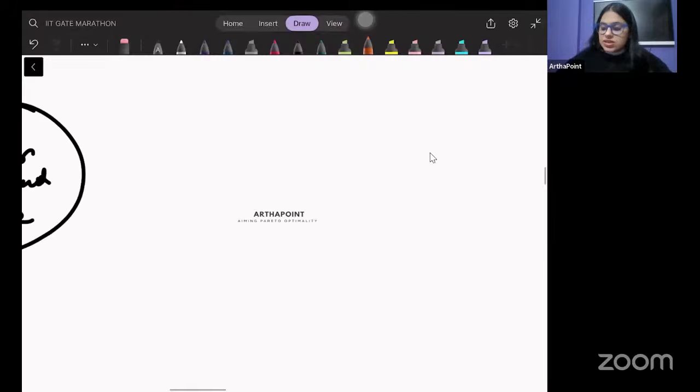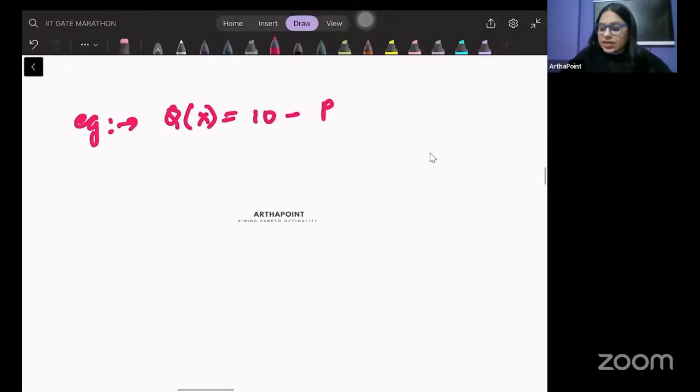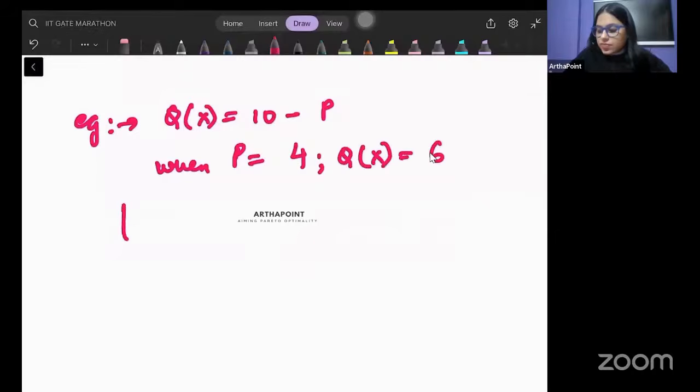Sometimes they will do this in exam. Just say, for example, they tell you that your demand curve is 10 minus P, something like that. And they tell you that when P is say 4, quantity is say 6, find consumer surplus.